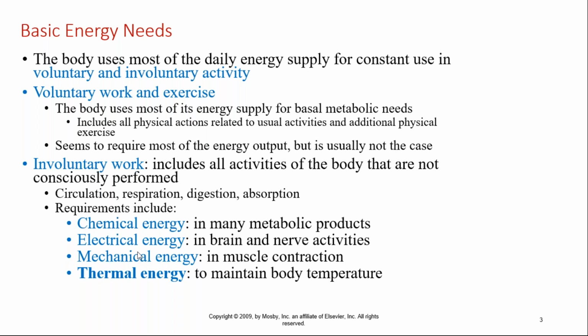All this is mechanical energy. And then you have the thermal energy, which is required to maintain body temperature. Water is an important constituent for maintaining the body temperature. So the energy used by the body is for voluntary work as well as involuntary work, which you are not aware of.